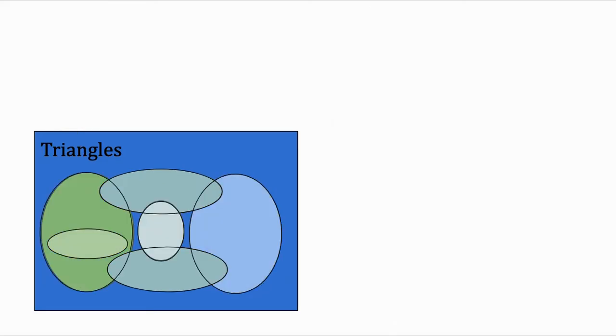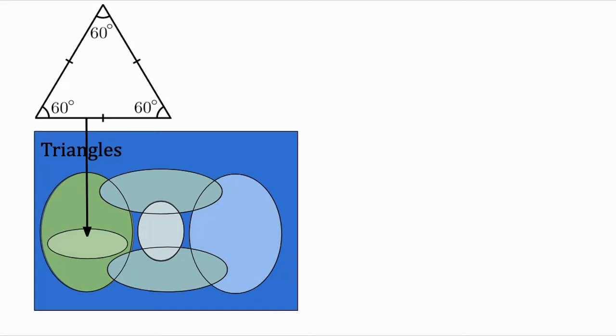Consequently, since equilateral triangles' sides are all equal, so are their angles. Since we know that a triangle's angles add to 180 degrees, that means an equilateral triangle has angles equal to 60 degrees. Angles less than 90 degrees are considered acute, hence why all equilateral triangles are acute.